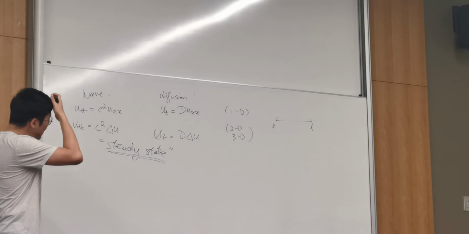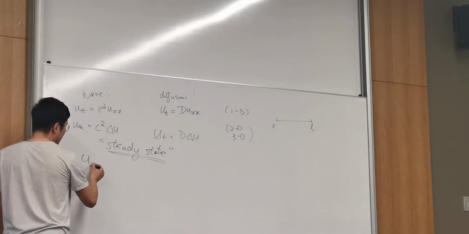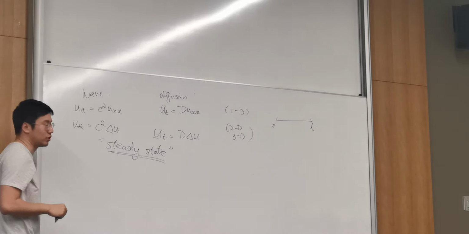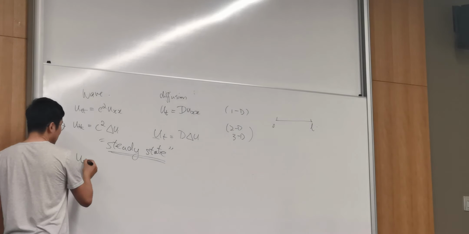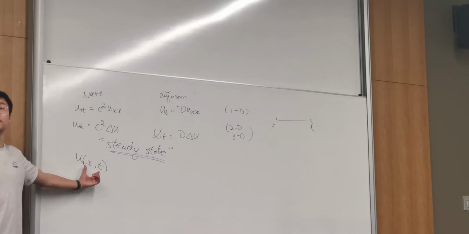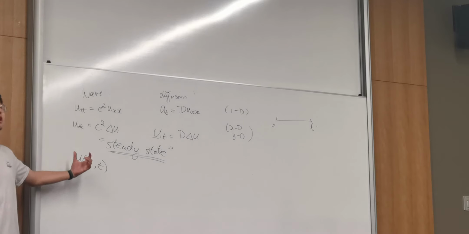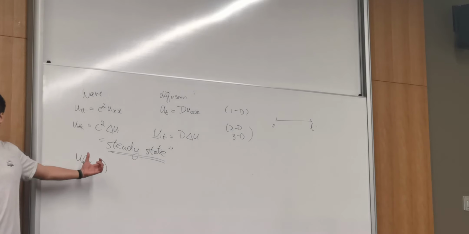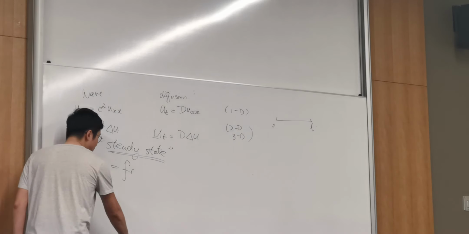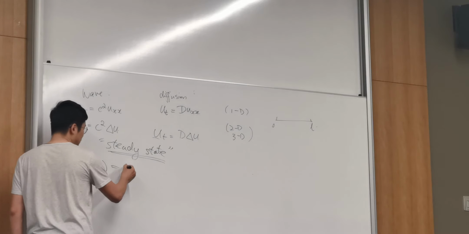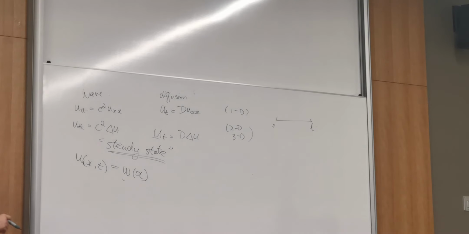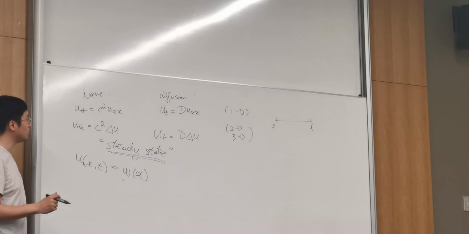When we are talking about a steady state, for the wave equation or the diffusion equation, it means that u(x,t) is no longer a function of t. The steady state means that it's not changing anymore in time, which means that it's essentially only a function of, let's say, w, a function that's only about x.